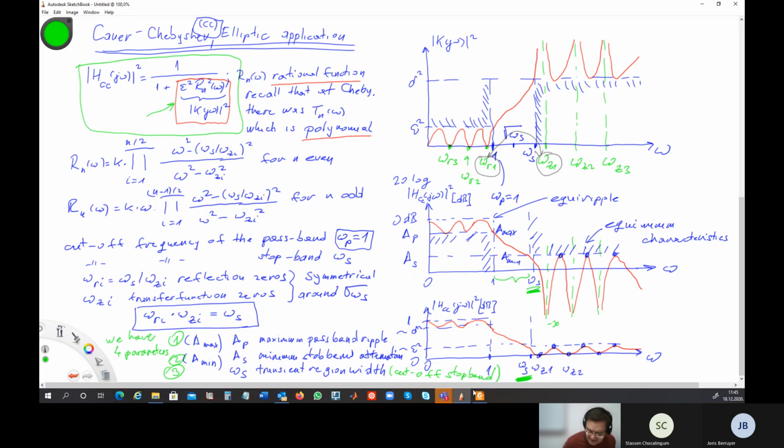And the fourth parameter, probably you can now see which one. N. This is order. This is parameter number 4. So we have 4 important parameters.